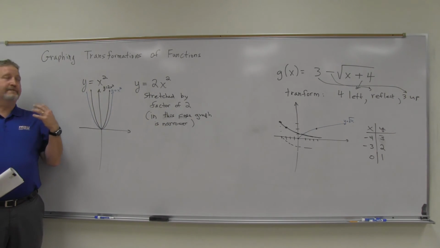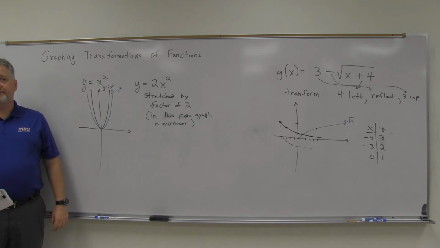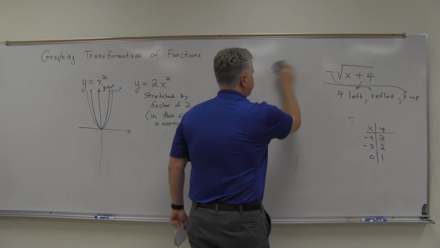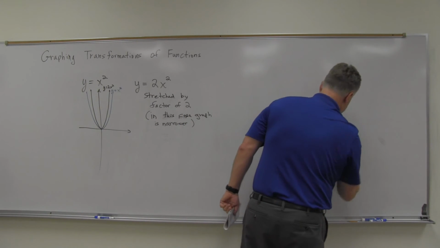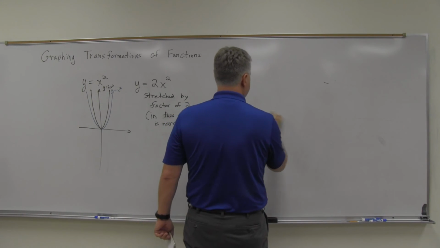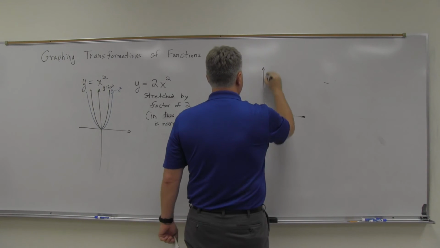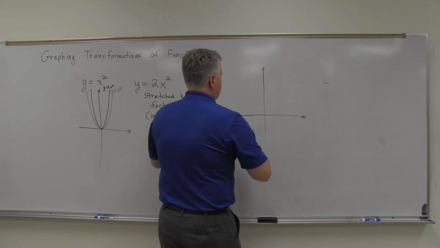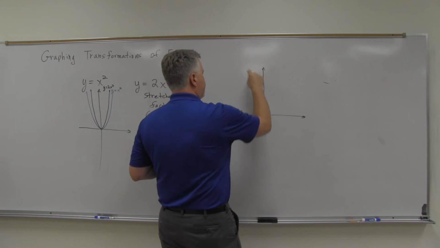Now what if it's a half? Stretching it by a factor of a half. What do you think that would look like? That would make it wider. Makes it wider, yeah. In this particular case, it makes it wider. So here's y equals x squared.